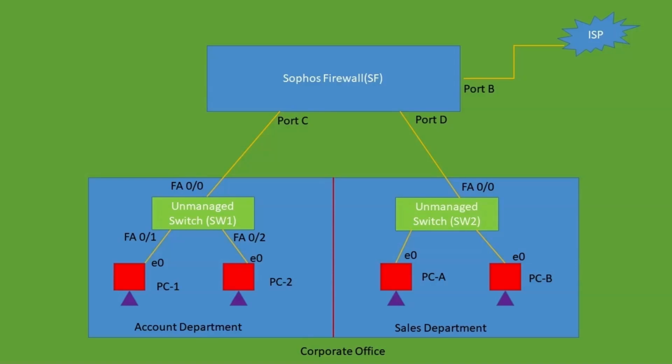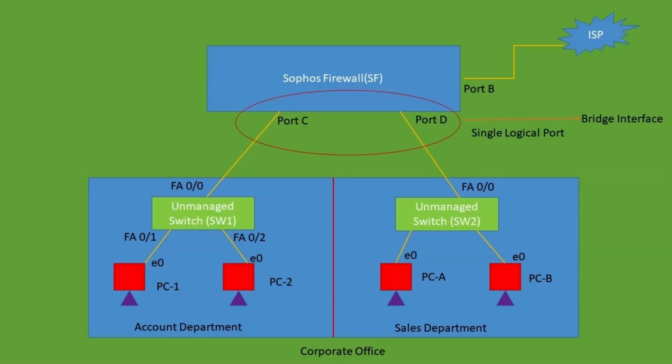As a network administrator, you were asked to bridge the two interfaces of the switch together so that both departments behave like one single network. In this example, switch 1 is connected to port C of the firewall. In the same way, switch 2 is connected to port D of the firewall.